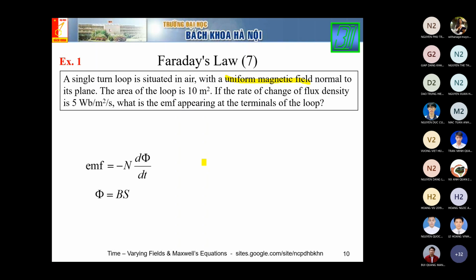And from here we can infer this, and that's it. The rate of change dB over dt here is 5 Tesla per second. The total area is 10. We can remove the minus sign because the sign just says that this induced voltage is against the original field.